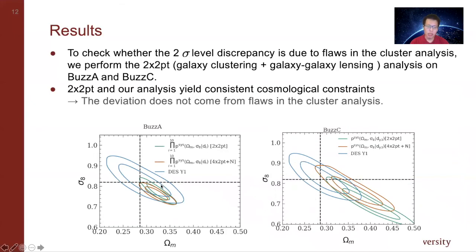On top of that, we add a green line, which comes from the 3x2 point analysis. From this figure, you can see that the 3x2 point analysis and the cluster cosmology analysis have basically consistent cosmological constraints. So this basically demonstrates that the deviation doesn't come from flaws in the cluster analysis, and it could come from just the random fluctuation or some problem in the simulations. To distinguish between these two possibilities, we leave this to future work.